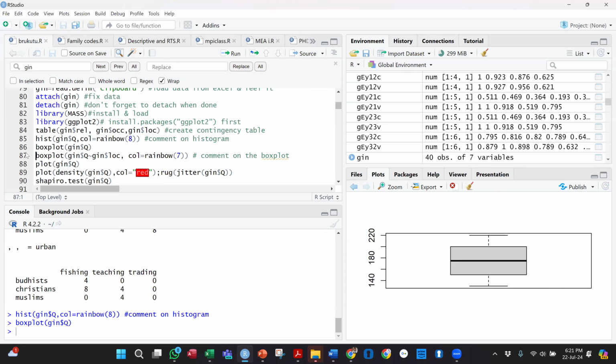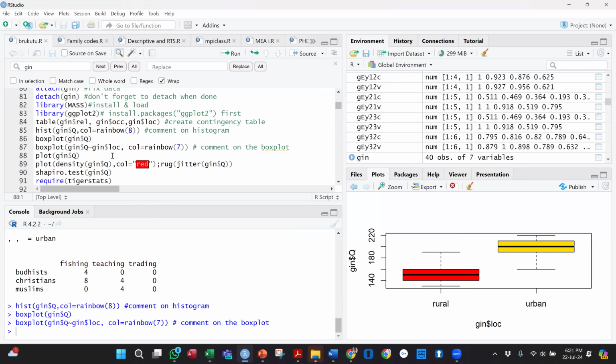You can even generate a box plot according to location. Remember, location is LOC. So I'm just generating a box plot of the quantity demanded, but across location. And this is what you get. You can see that it gives me one for the rural location, and then one for the urban location.